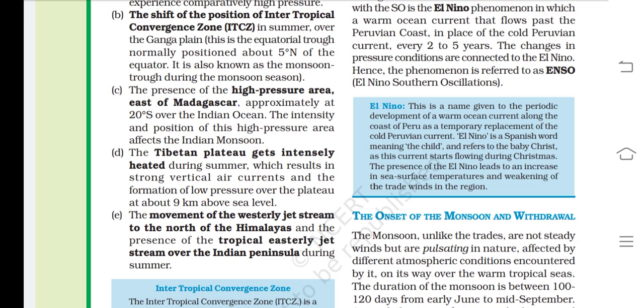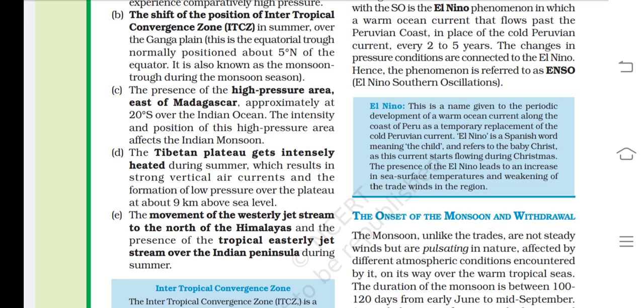Now here what happens? The Tibetan plateau gets intensely heated during summer. It results in strong vertical air currents, and it helps form low pressure over the plateau at about 9 kilometers above sea level.